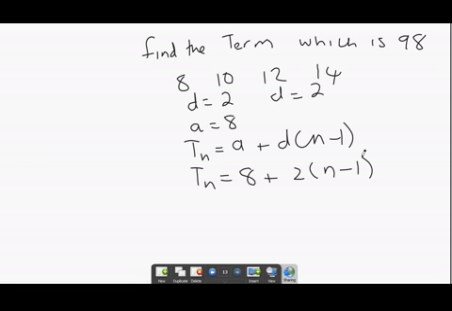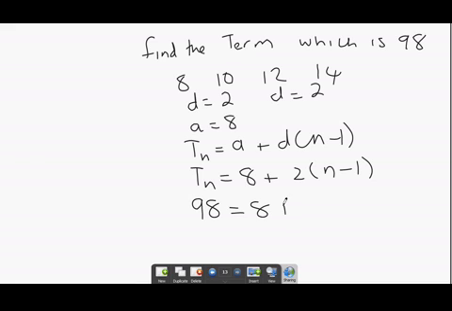Now, once we've got our general term, we now need to use the formula. And remember what I said, we are no longer looking for the term, we are actually looking for the n. So we don't know what n is, but we know that this term which we are looking at is going to be 98. So we replace the Tn with 98 because we are looking for n.